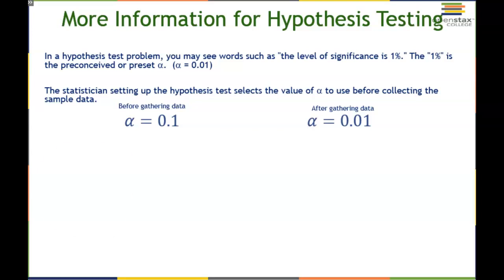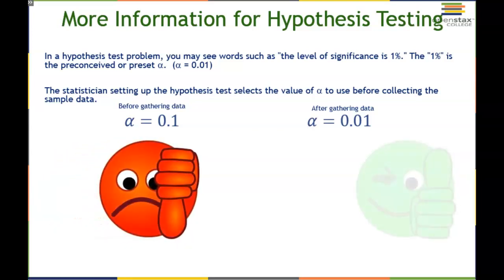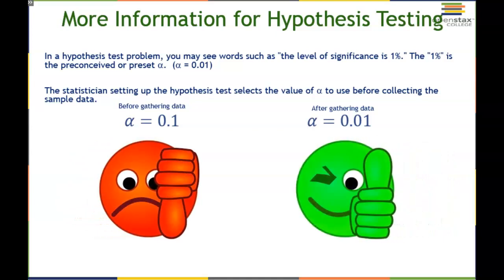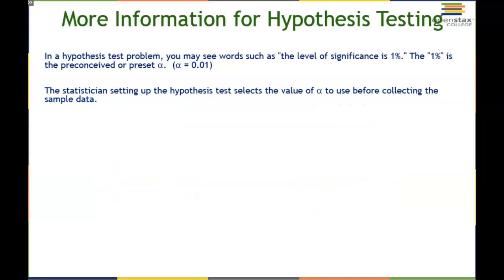In one instance, your test might fail. In the other instance, your test might not fail. Because of the possibility of manipulating the outcome, it is always better to select your level of significance before you even go after your data, before you collect your data. If no level of significance is given, just use a common alpha 0.05.